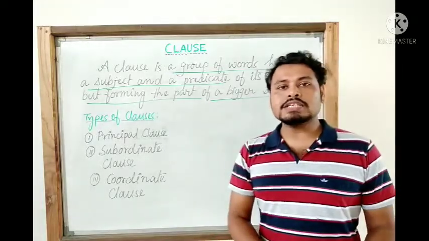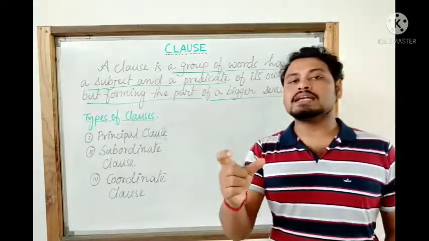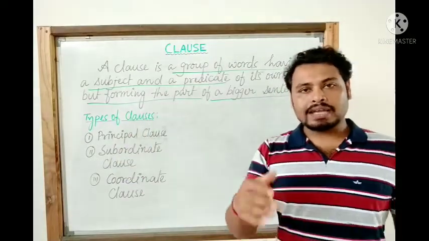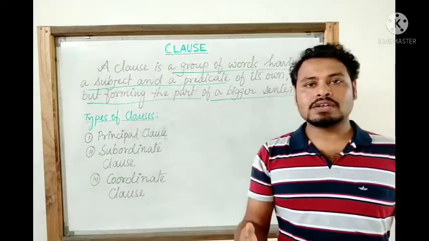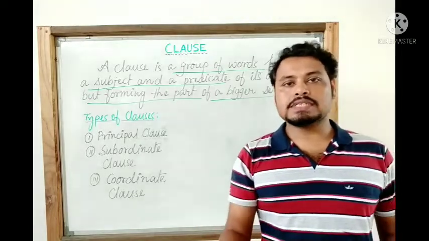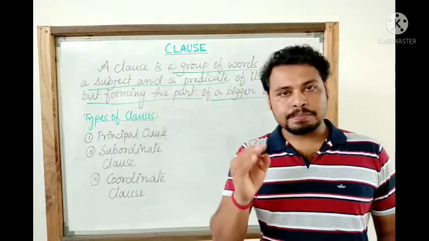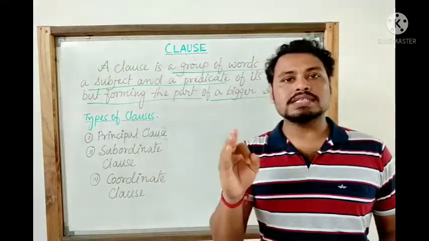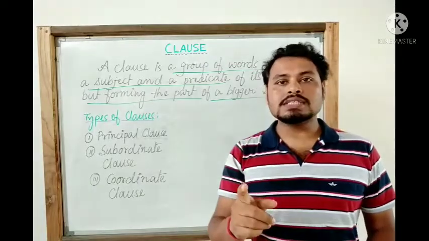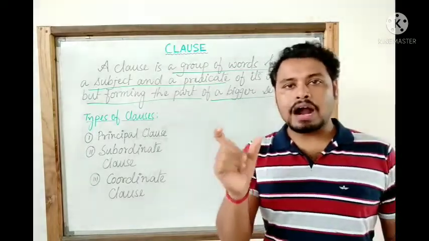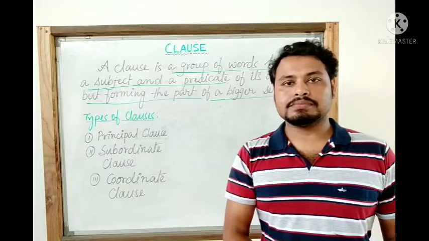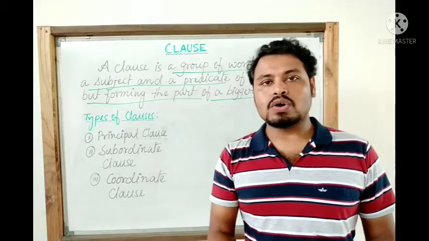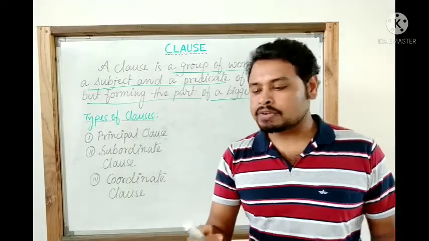So a clause is always the part of a sentence, it's not the whole sentence. Like a sentence, a clause also has a subject and a predicate, but the difference between a sentence and a clause is that a clause is always a part of a bigger sentence. Now let us have an example and let us try to know what the actual matter is.